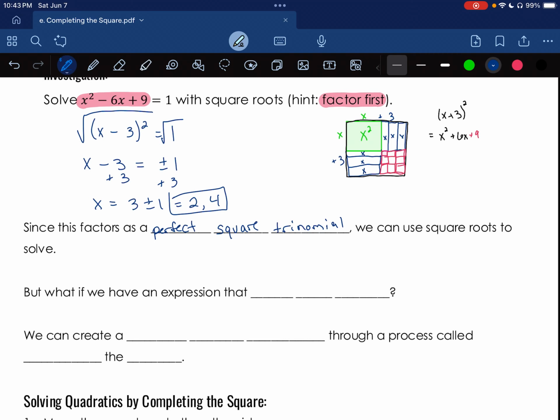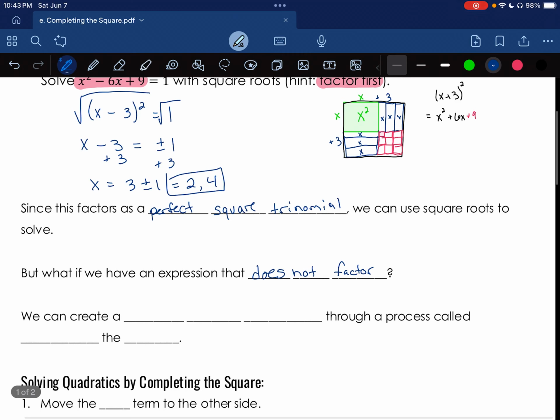So if we have an expression that does not factor, we can't use square roots the traditional way because we have a linear term, but we can't solve by factoring because it doesn't factor. What are we going to do? This is where we're going to go about the process called completing the square.